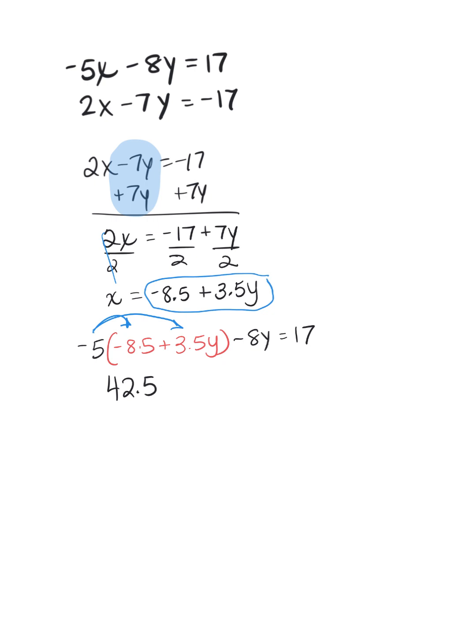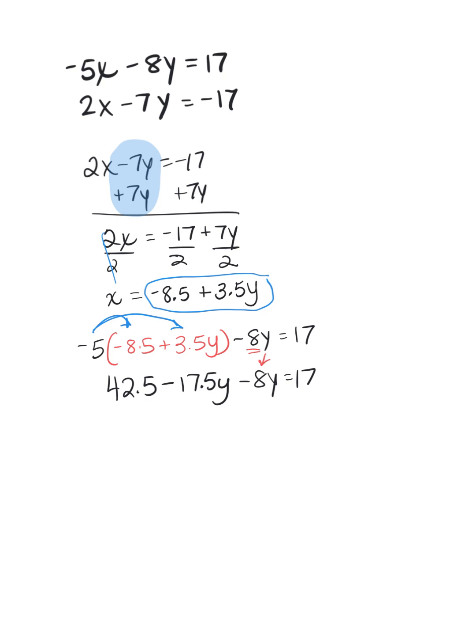It's going to give me negative 17.5y, minus 8y is equal to 17. Notice this piece just comes straight down because we haven't dealt with it yet. That's not part of the parentheses, so I'm not multiplying that by negative 5. We only distribute the negative 5 to what's inside of the parentheses.